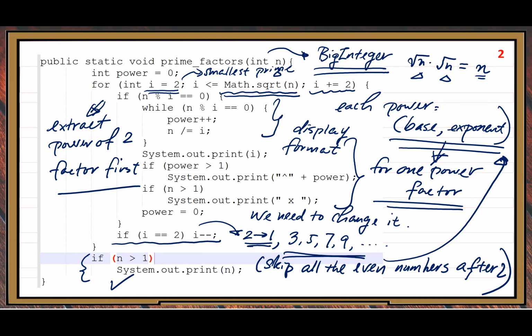Okay. All right. Next, I'd like to talk about the big integer a little bit. Because all our operations must be implemented in the Java BigInteger class. The reason is simple, overflow problem.